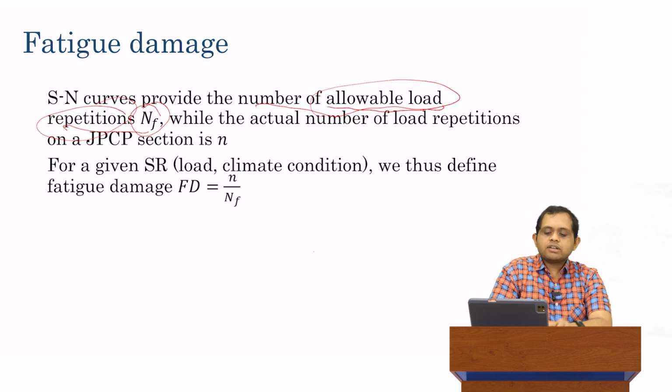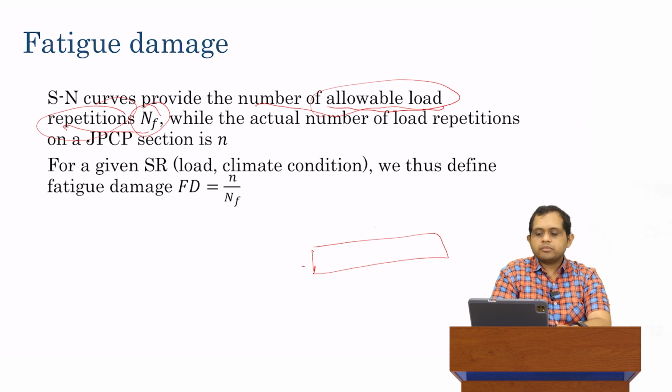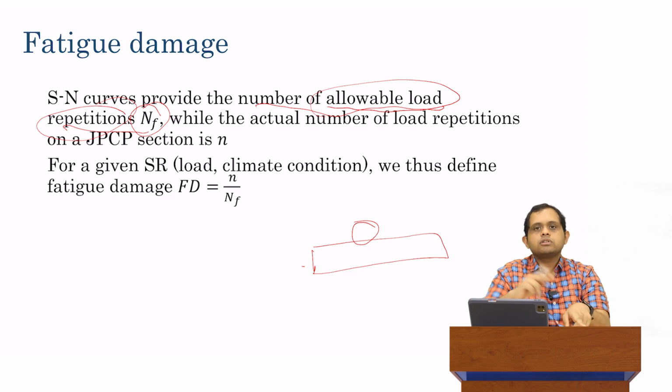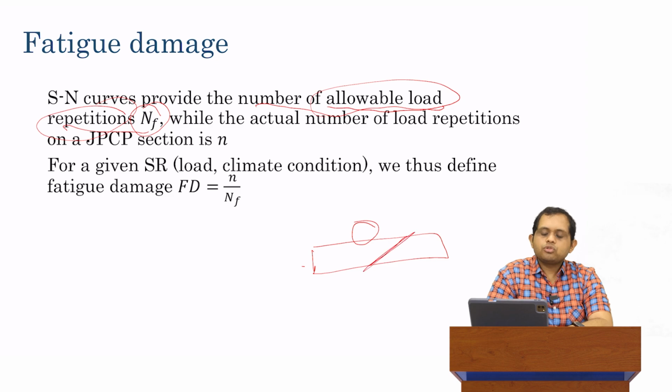Let's come back to reality and see what we're talking about. If we're talking about a JPCP pavement, it has a load, which is a tire of a car. The load moves, another tire comes. That tire moves, another tire comes. So you have cyclical loading. Let's say all these tires have the same load magnitude, and let's assume that the temperature distribution through the pavement is the same during this process.